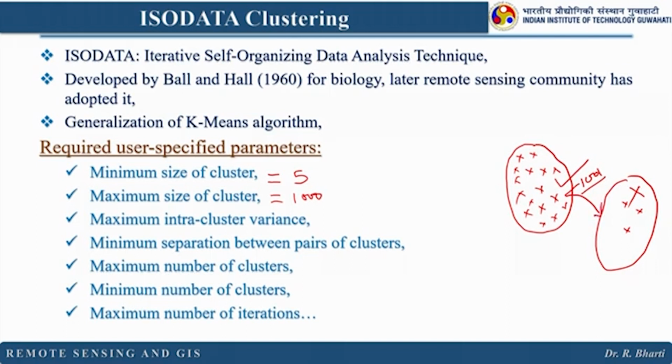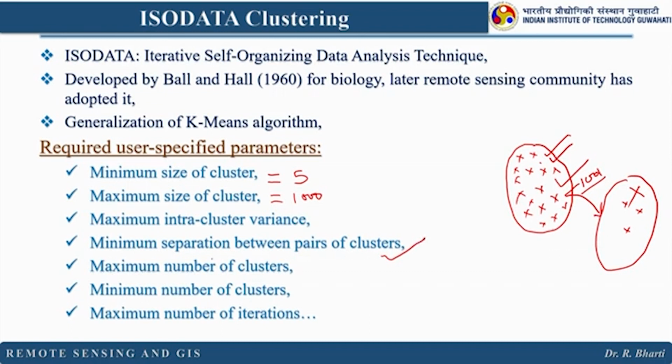So this is how we are evolving. Now next is maximum intra-cluster variance. Intra-cluster means among the DN values of this particular cluster, what is the variance you want, so a maximum variance limit.